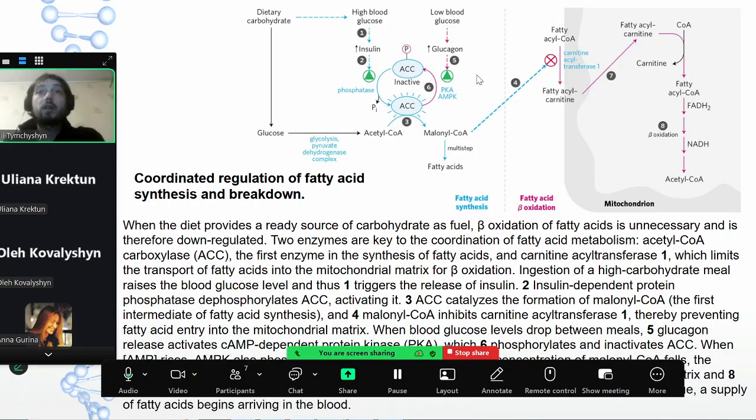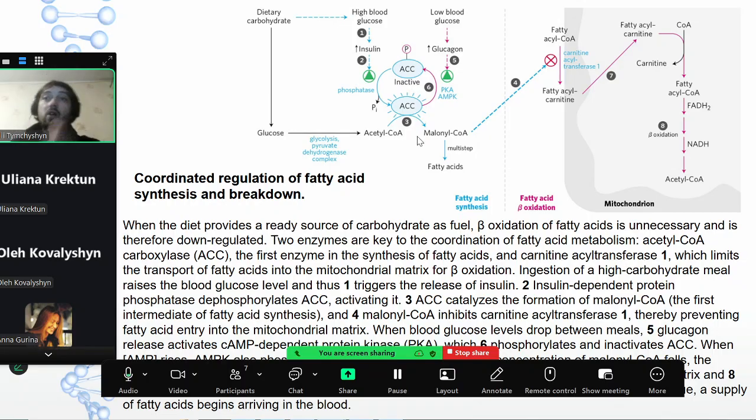So two enzymes are key to the coordination of fatty acid metabolism. That's acetyl-CoA carboxylase, or ACC. So here you see it on this image. That's the first enzyme in the synthesis of the fatty acids. We will get to that synthesis at the end of today's lecture, I guess.